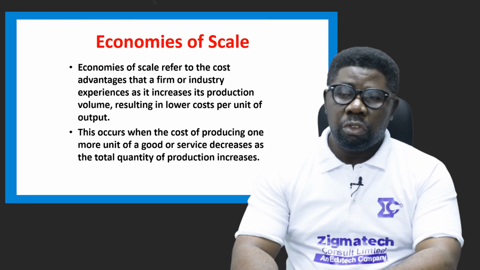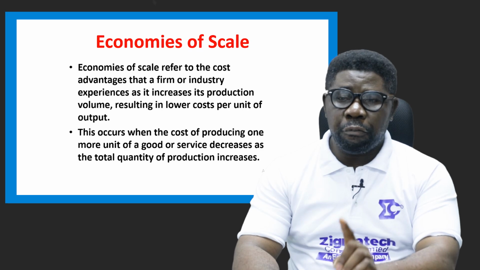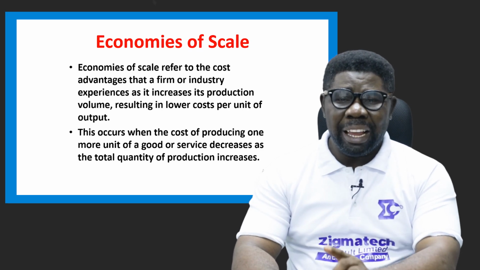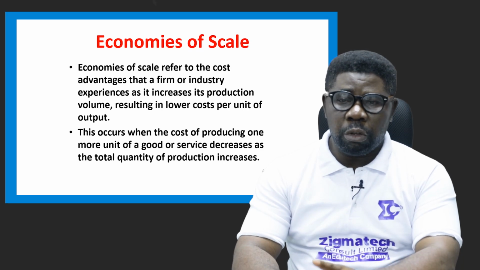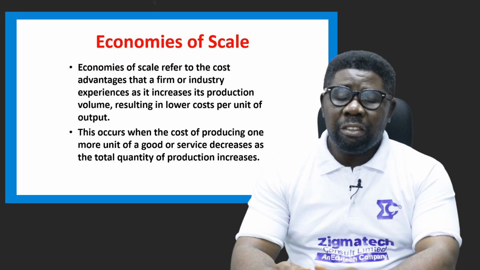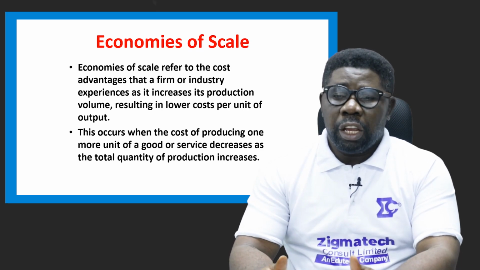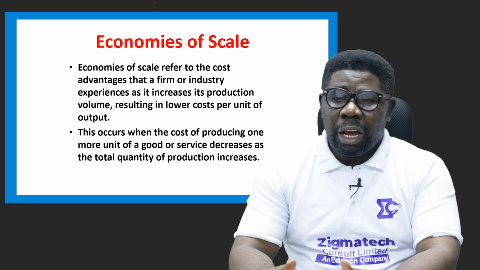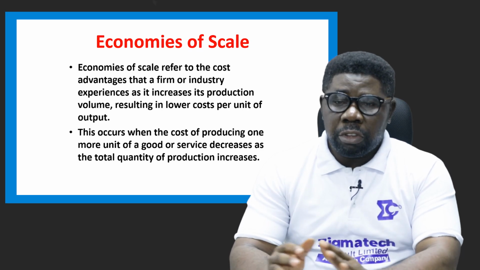All right. So what's economies of scale? It refers to the cost advantage that a firm or industry enjoys or experiences as it increases its production volume, resulting in lower cost per unit of output. As they expand their production capacity, they will increase output, and that will ultimately mean what? Lower cost per unit. That is what makes it economies of scale.